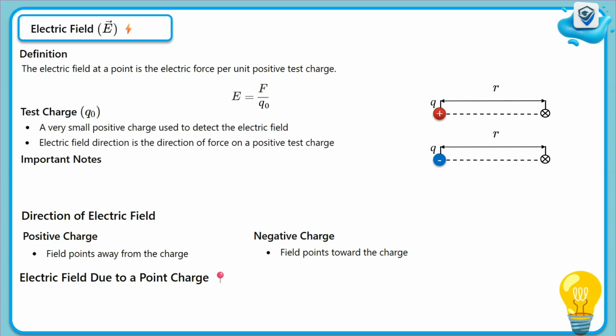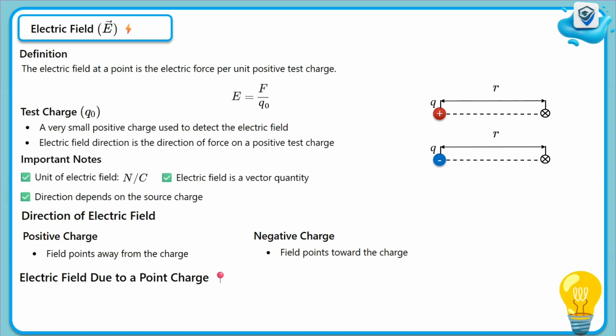And remember, the direction of the electric field is always the direction of the force acting on a positive test charge. The SI unit of electric field is Newton per Coulomb. Also remember that the electric field is a vector quantity, so it has both magnitude and direction.